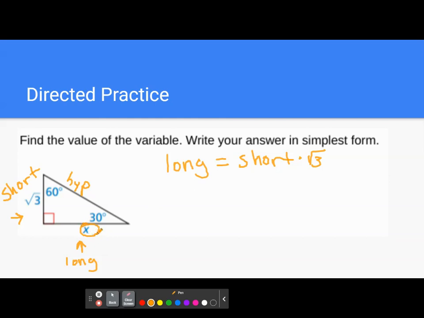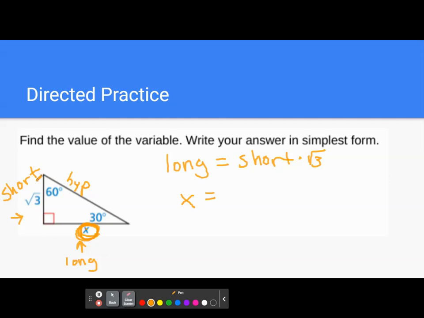Well, this side's my long side, so what's the length of this side? What's this right here? X. So I'm going to plug in x for the long leg.